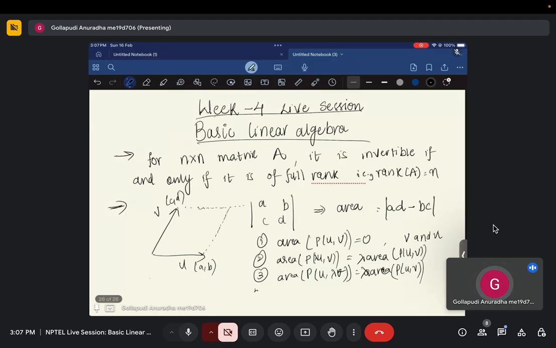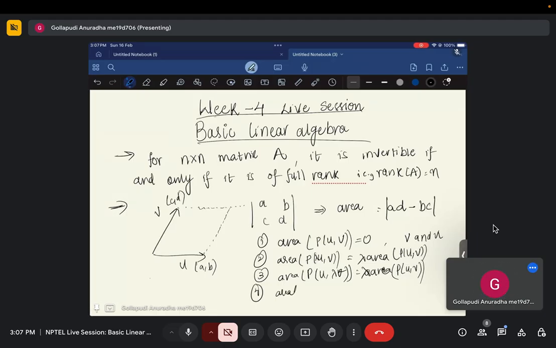And another property is: if you have a linear combination of two vectors, then you can write it as a combination of areas. This I discussed in the class.